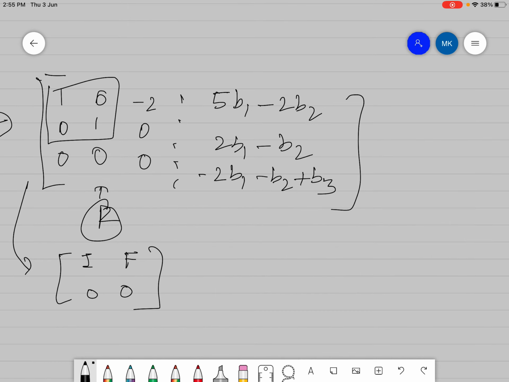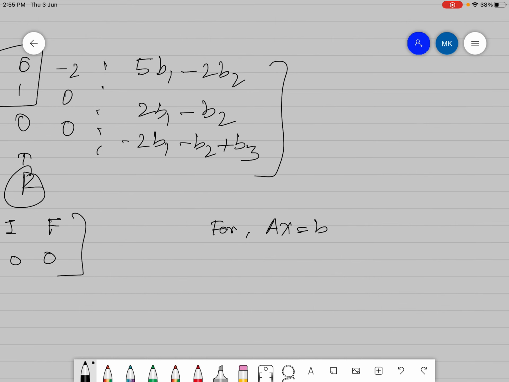so we have x particular for Ax equals b. Here b is solvable, that means it fulfills the condition we just wrote.